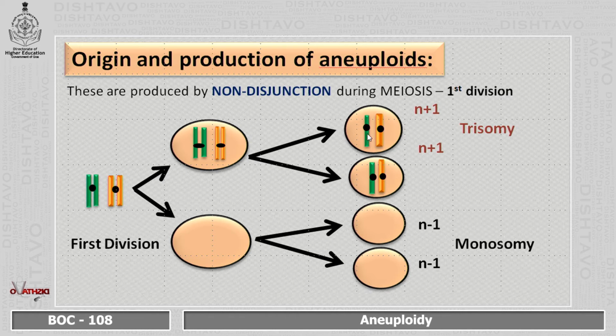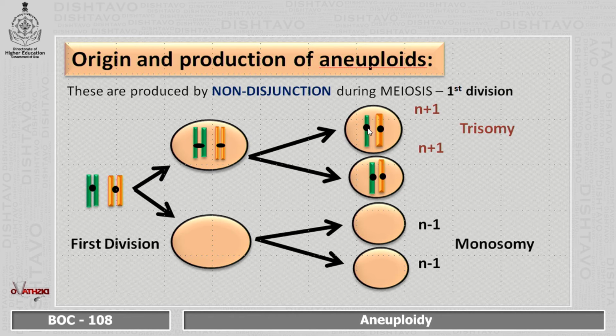Due to non-disjunction, out of the 4 gametes, only 2 will get the chromosomes, whereas the other 2 will not. The other chromosomes of the set are present in all 4.